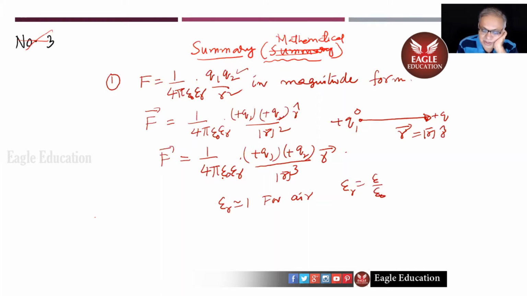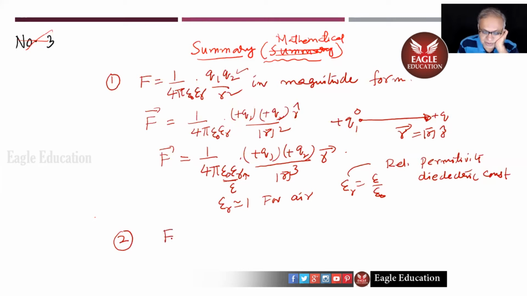That means epsilon should have been there; in that place, we wrote epsilon 0 epsilon r. This is called relative permittivity, or in future, we'll also call it the dielectric constant.